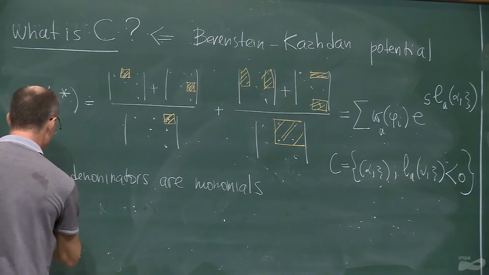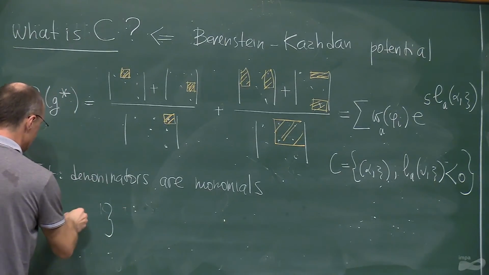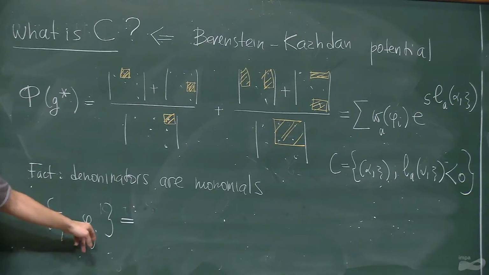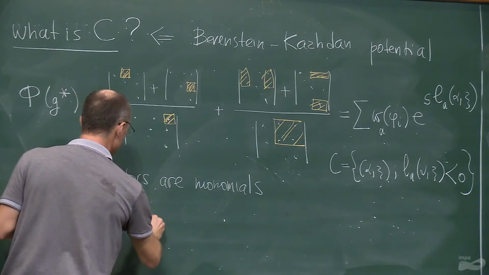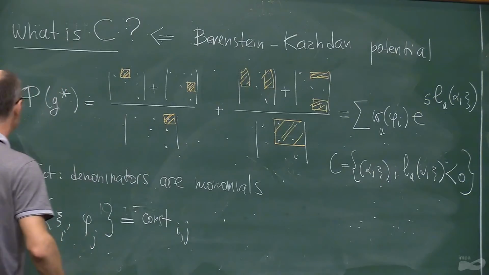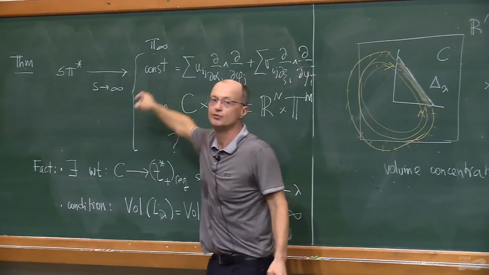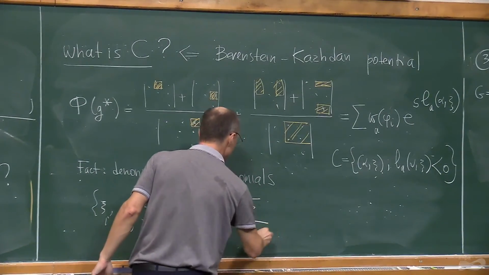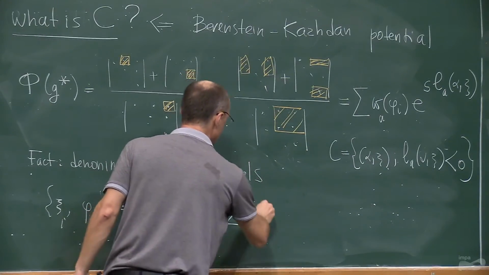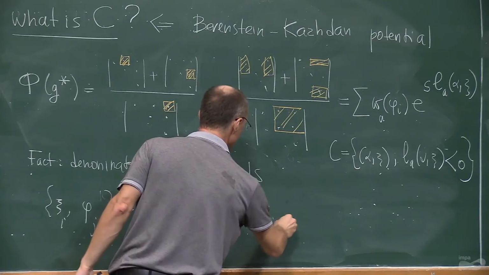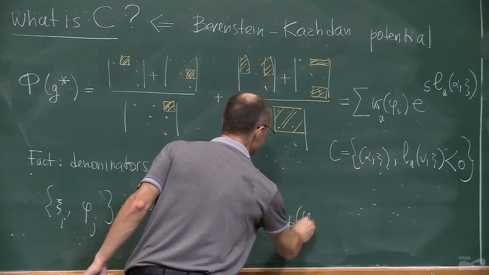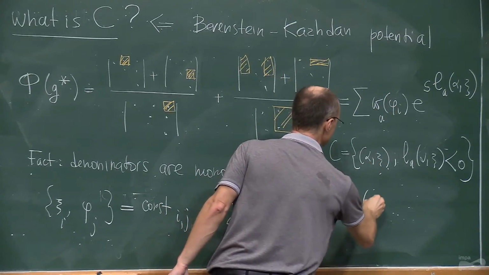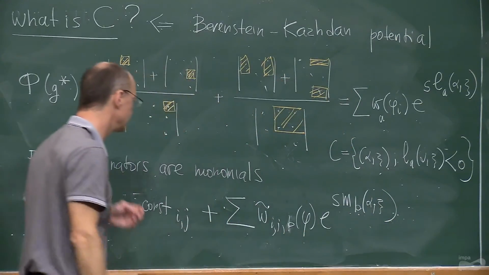And actually, if you go back to the Poisson brackets, so the Poisson brackets, for instance, psi i phi j, they look as follows. So there is this constant, ij, right? This constant which corresponds to s equal to infinity. And it turns out that here there would be a sum of other coefficients, I don't know, w tilde ij, b of phi, and here there will be some other linear functions.